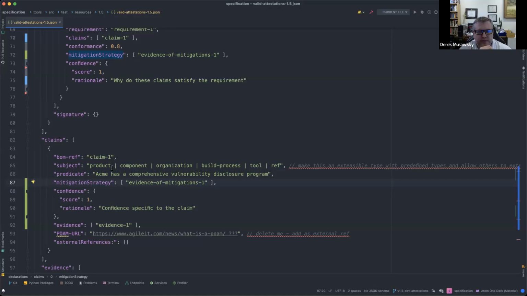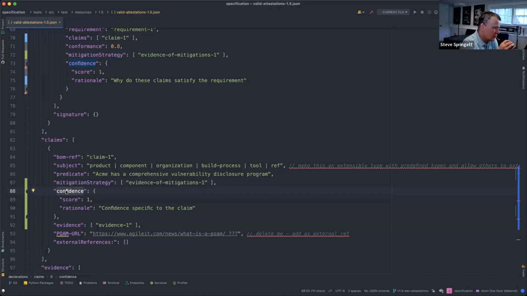And maybe for 88 we could do reasoning instead of confidence. Here's my reasoning. I love that. So instead of confidence and a score and a rationale, just reasoning. Keep it simple. Text field. Text field with your reasoning. You've got to explain why that evidence meets that claim.